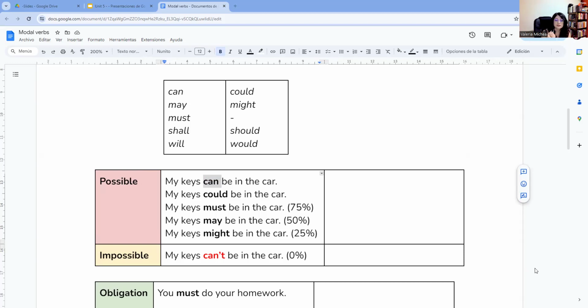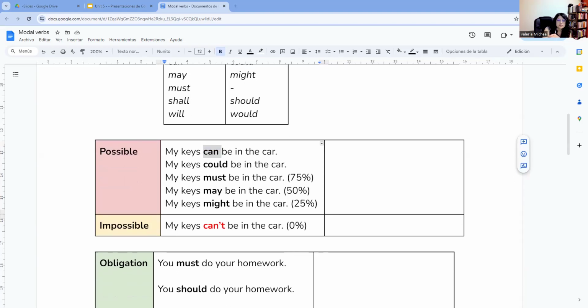Yes? Tell me, Sharon. Excuse me. We use the modal verb, for example, must. You must be in the car. My kids must be. It's a possible obligation. Here, you must do your homework, for example. I can say I have to do my homework. Yes, it's possible.